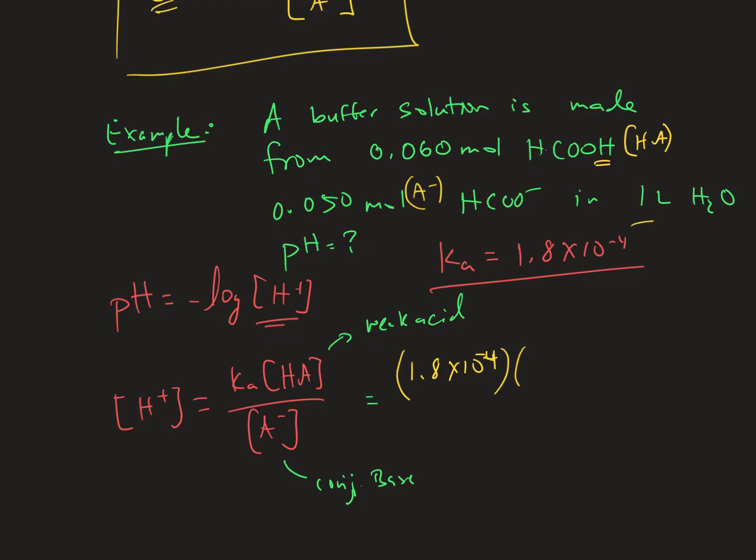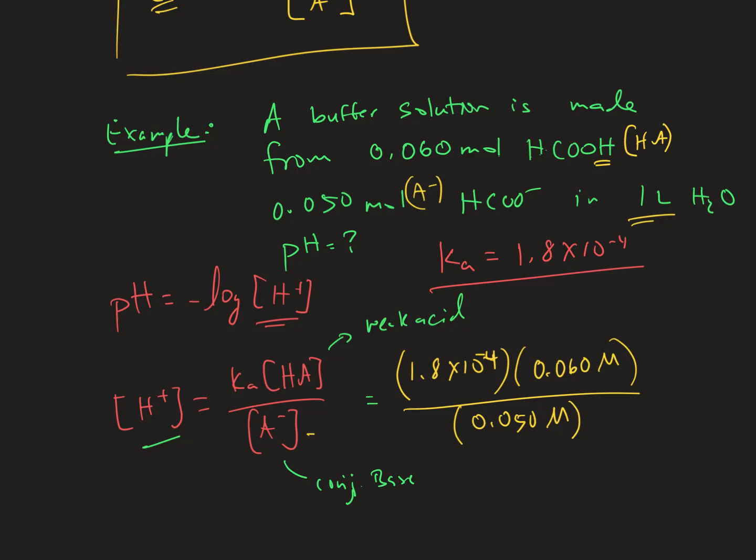We have 1 liter of this stuff, so it's the same as the moles: 0.060 moles per 1 liter, which is still 0.060 molar, over the concentration of my conjugate base, 0.050.